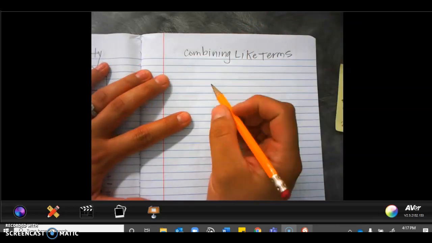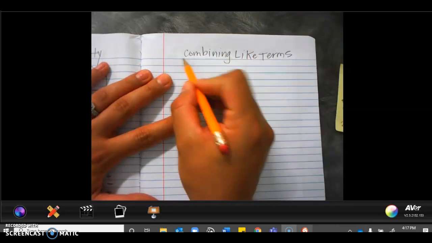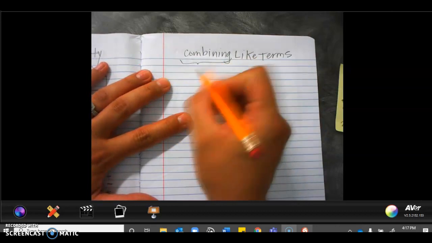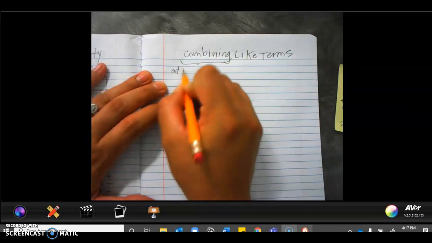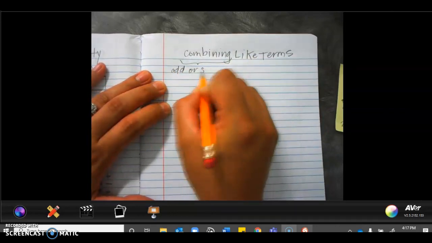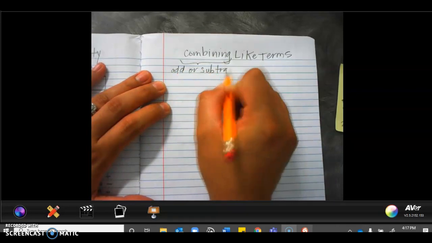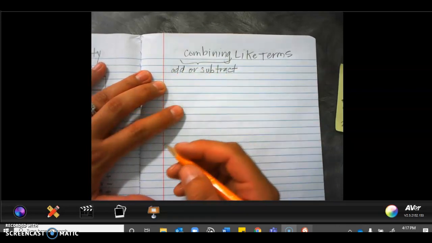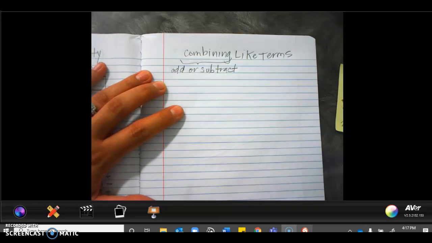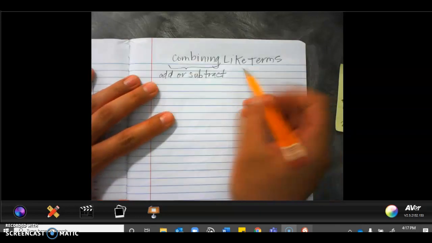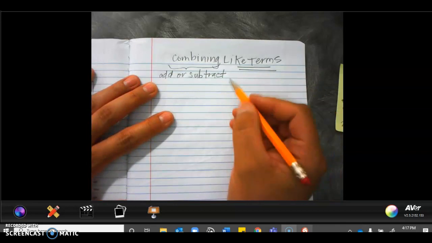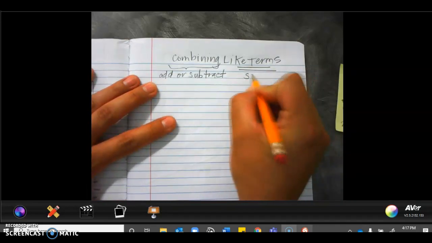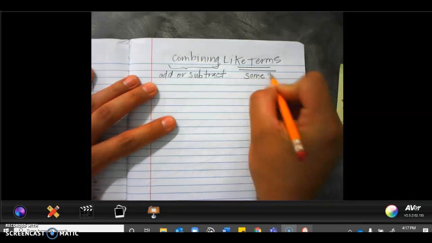When we hear the word combining, this really means that we are adding or subtracting. We're just putting it together by addition or subtraction. When we hear like terms, these are terms of the same type.